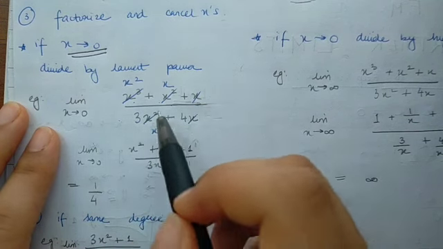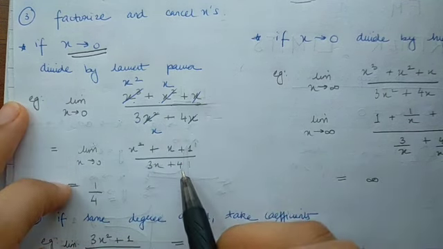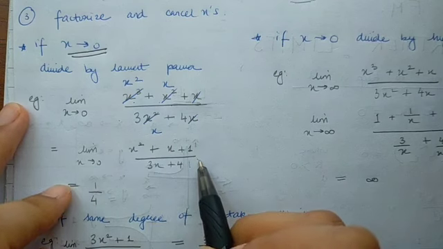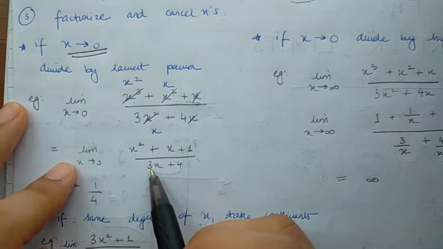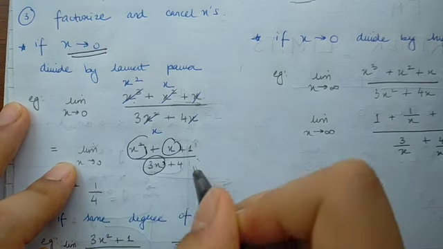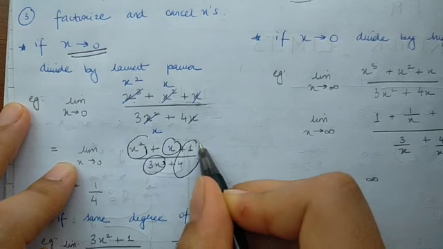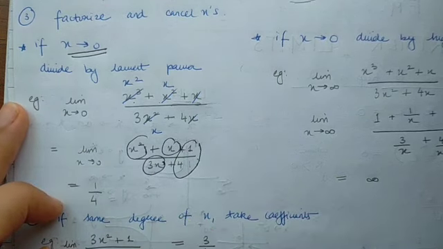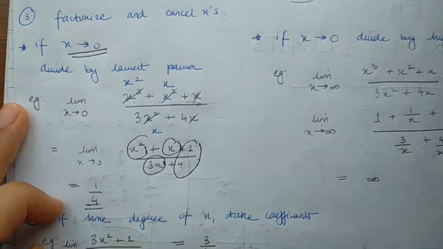So we divide all terms by x to the power 1, and we get this. And then we can see as x approaches 0, these terms all equal 0. So the only thing we have is 1 over 4. So the limit equals 1 over 4.